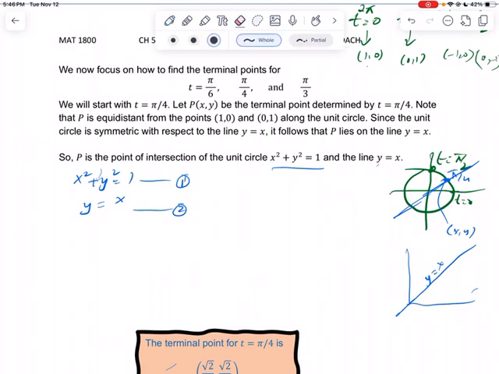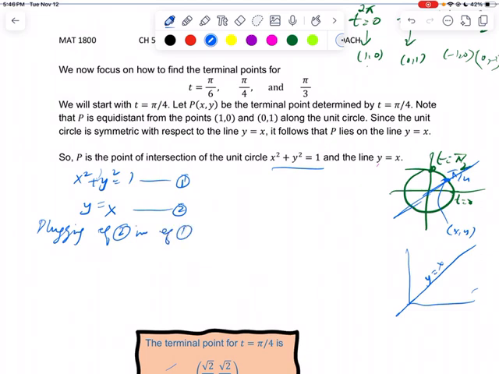Plugging equation 2 in equation 1: from equation 2 I can see that y is equal to x, so I plug this into equation 1.